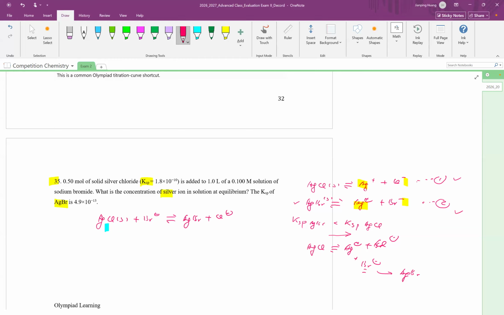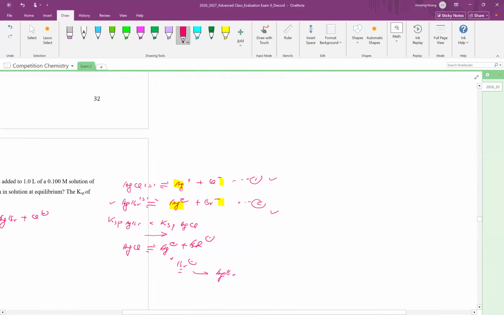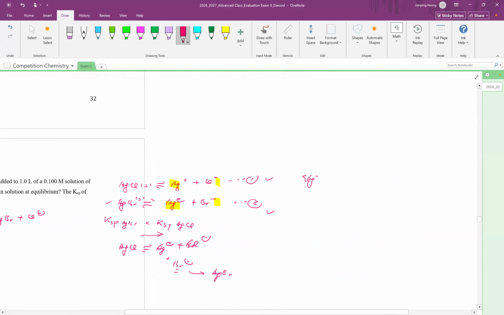Right? Now, why? You want to calculate silver, you got what? You can use KSP with Cl minus. You can use KSP of silver chloride and silver bromide.